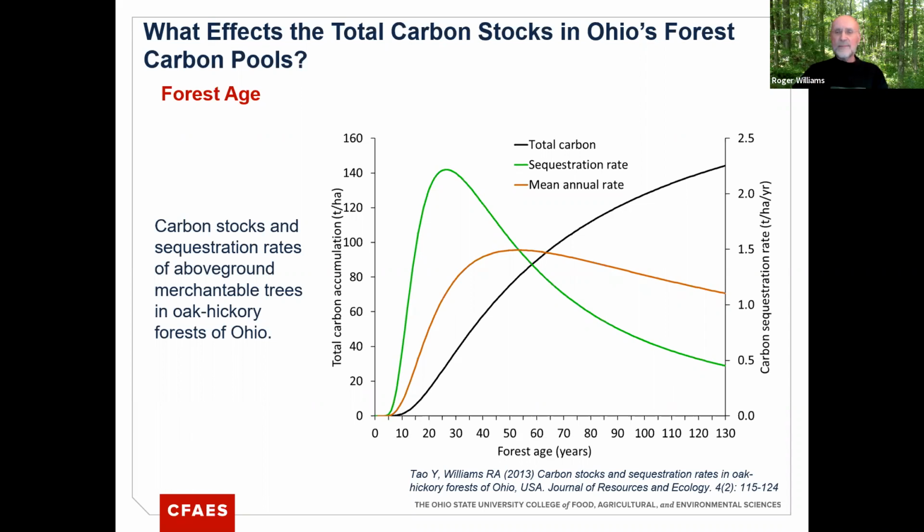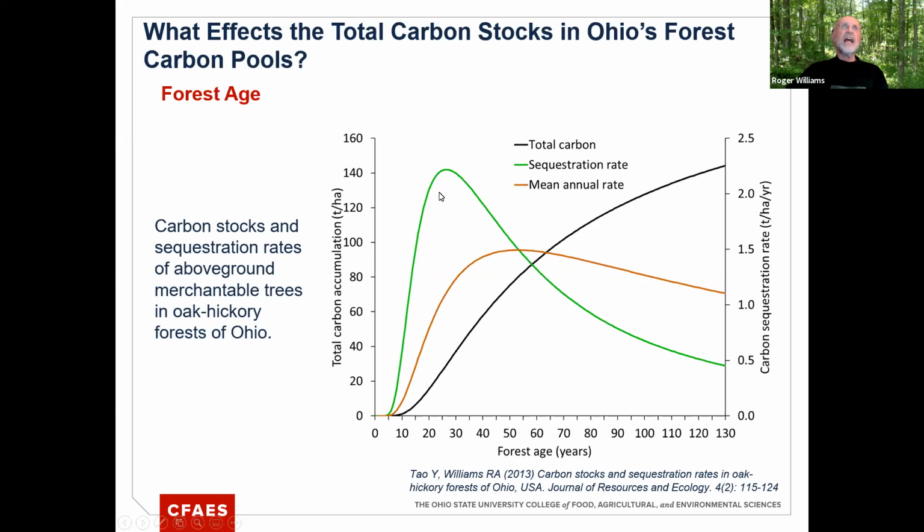We studied the carbon stocks and sequestration rates of oak forests here in Ohio, and this graph shows what is going on in the above ground portion of multiple sized trees over time, right? This line here represents the total amount of carbon that is accumulating in those trees.